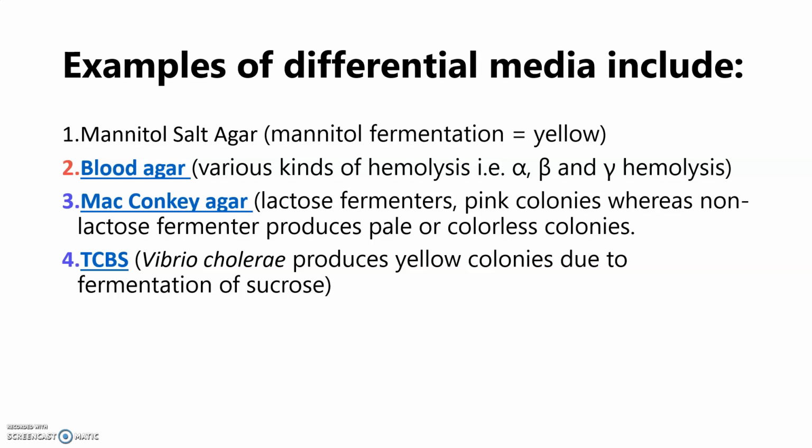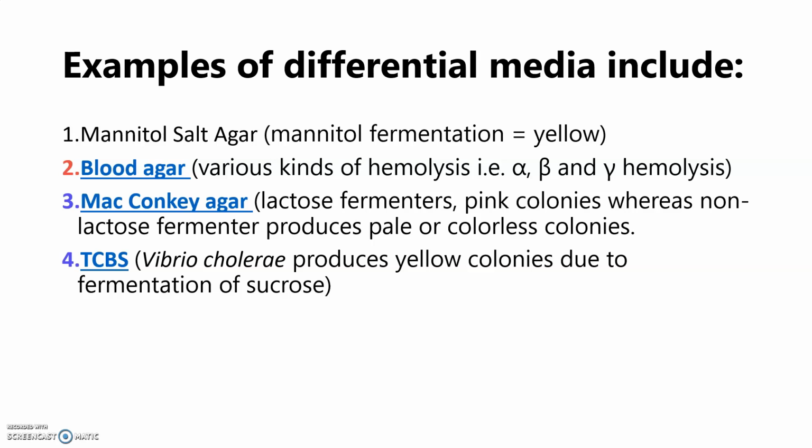Then next is MacConkey agar. In the MacConkey agar, we can also identify lactose fermenters, because if this agar consists of lactose, those organisms which ferment lactose may appear in pink color, whereas those organisms which are not lactose fermenting produce pale or colorless colonies.